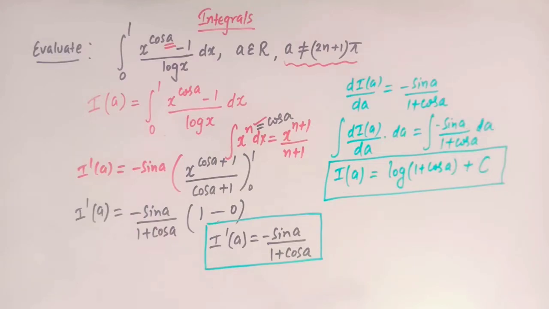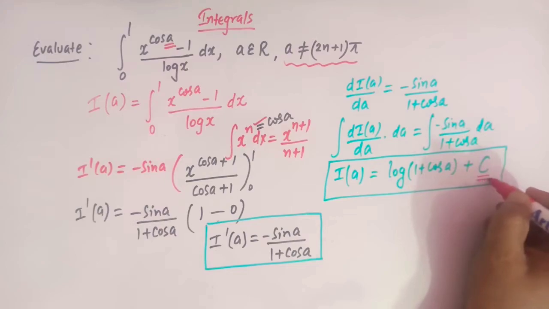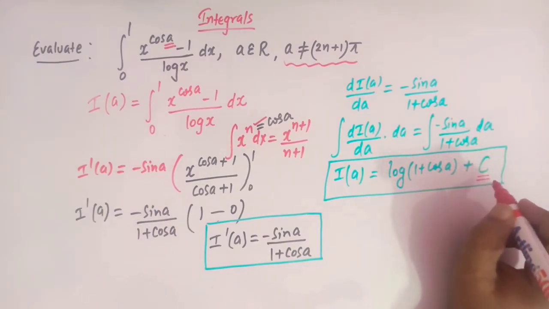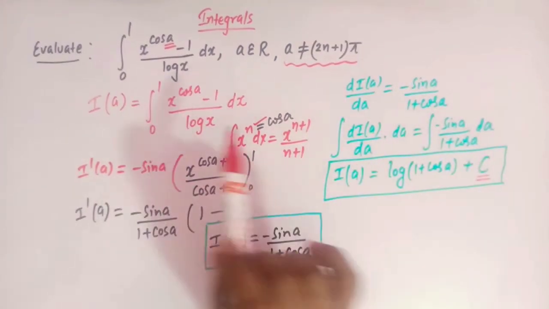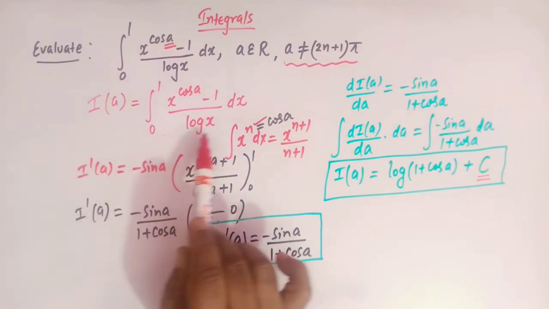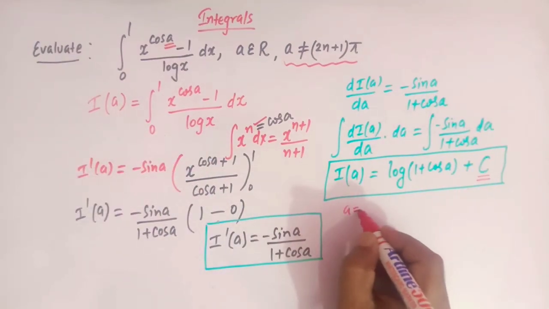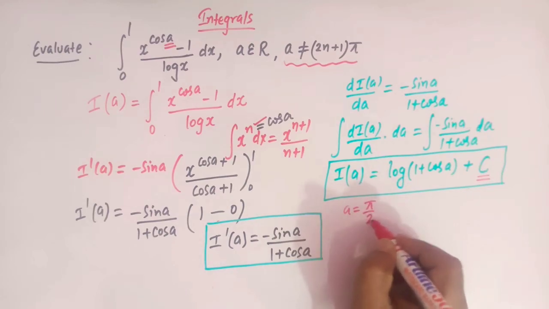So now here our aim is to find out the value of this constant of integration, right? So for this, what we will do, we'll make use of this integral, that is I of a. So if we take a is equal to pi over 2, right?